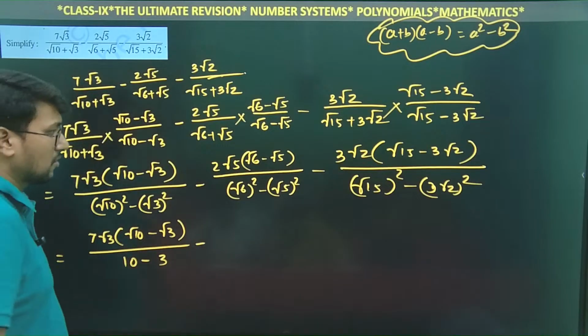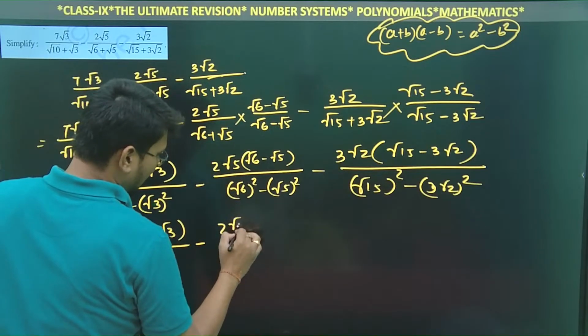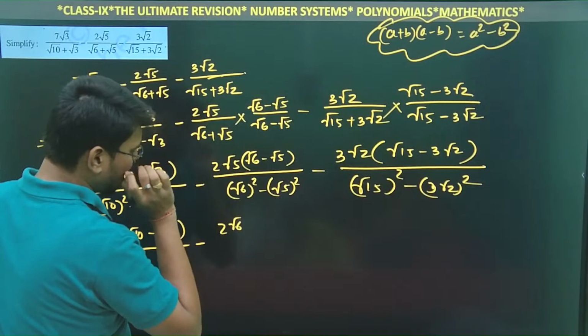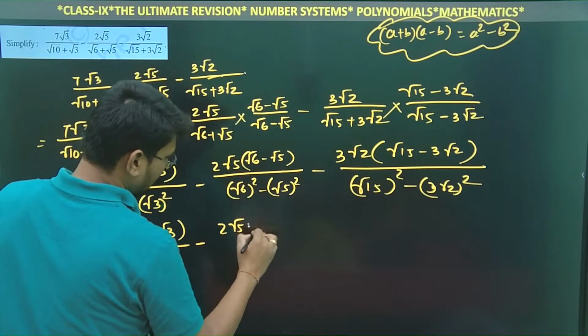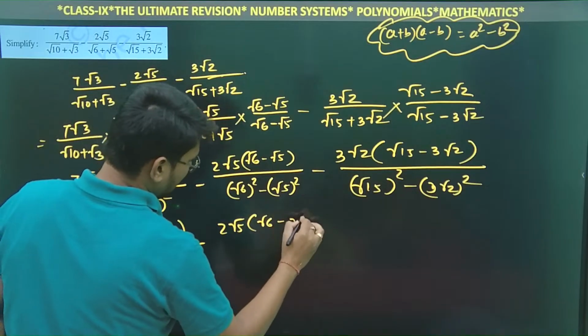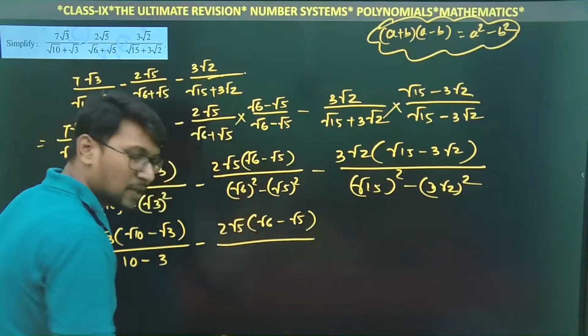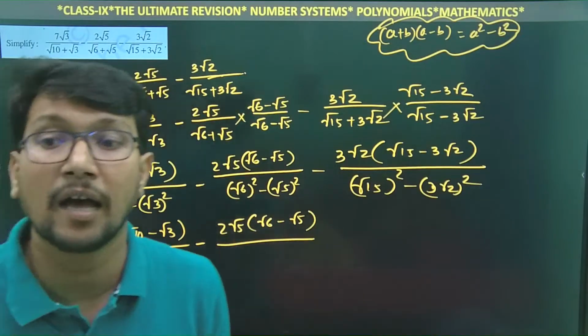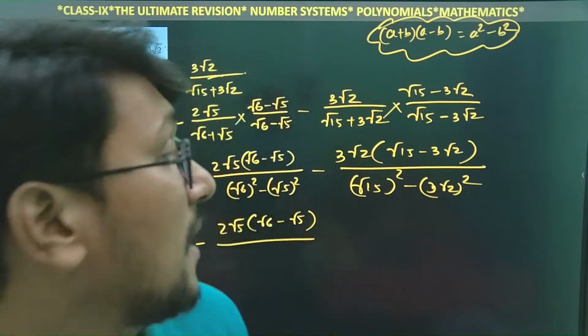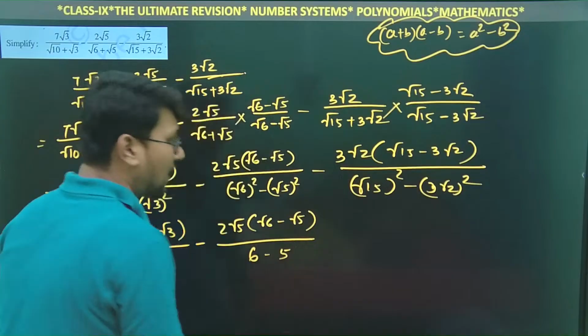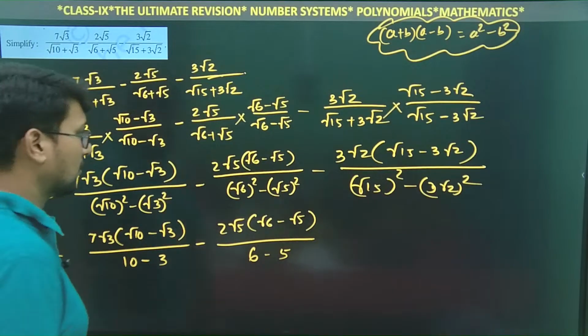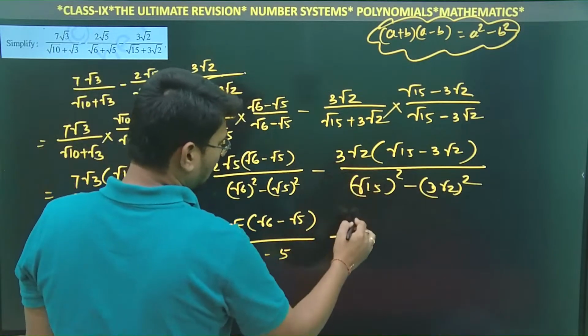Minus 2 root 5 as it is, into root 6 minus root 5. Are you clear? Divided by root 6 square. What is root 6 square? 6. Root 5 square, what is it? 5. Got it? Okay.